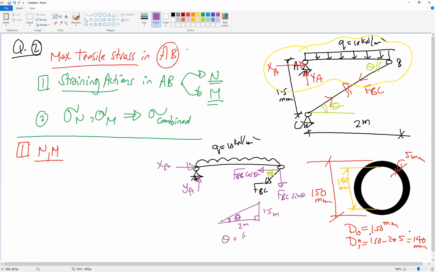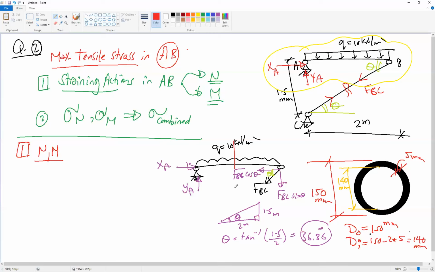So theta will be tan inverse of 1.5 divided by 2, which gives us the angle theta, 36.86 degree.